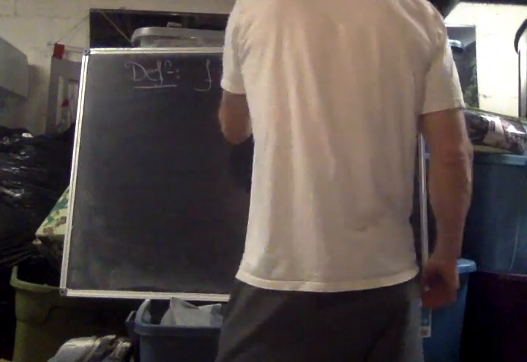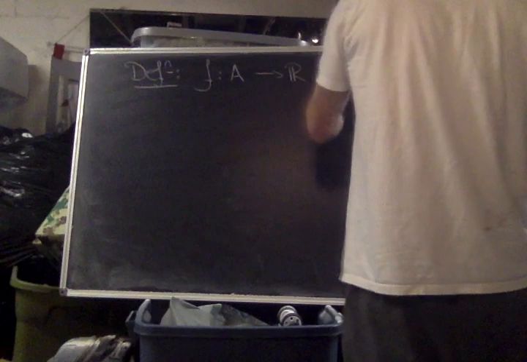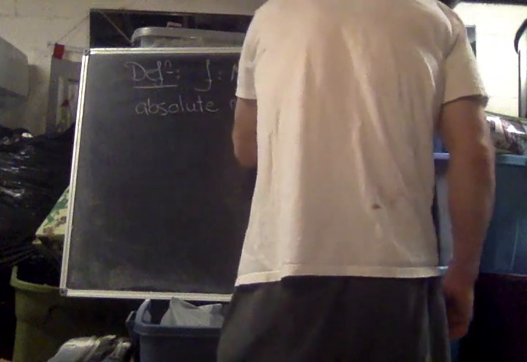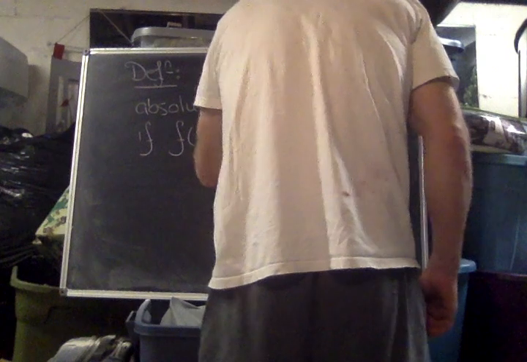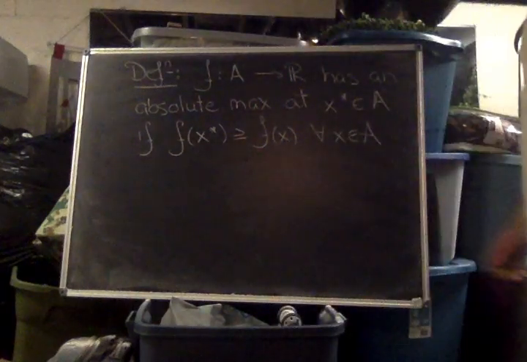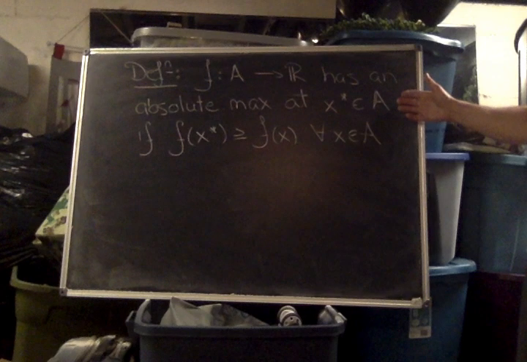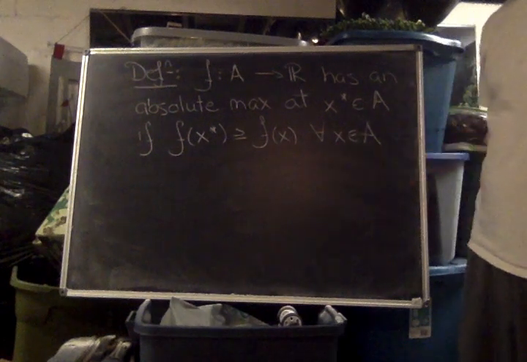So you have a function f just from some domain A into the real numbers R. We say that f has an absolute max at some point, I'll call it x upper star, in A, if f at x upper star is greater than or equal to f of x for all x in the domain A. Okay, so at this magic point x star in the domain, the value of the function f is greater than or equal to every other possible value of the function on the entire domain of A.